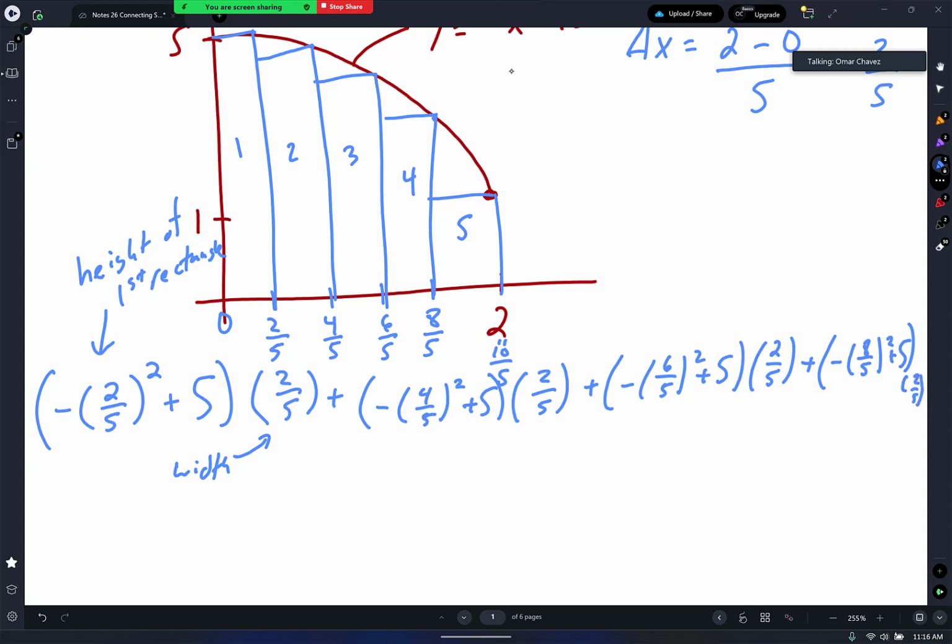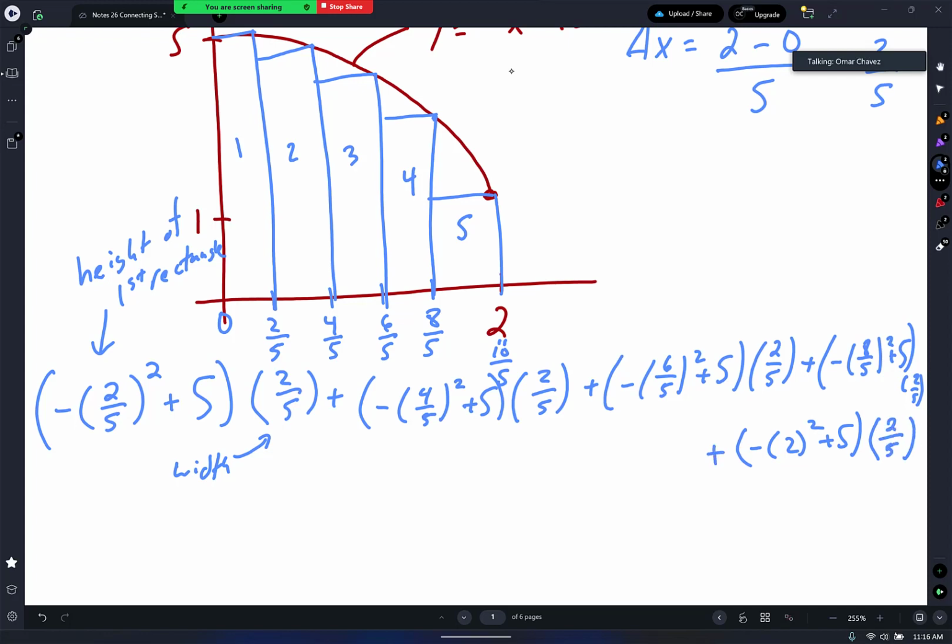And that's the fourth rectangle. And for the fifth rectangle, the height is dictated by that 2 value: negative 2 squared plus 5. That's my expression for the height. That will give me the y value, times the width.